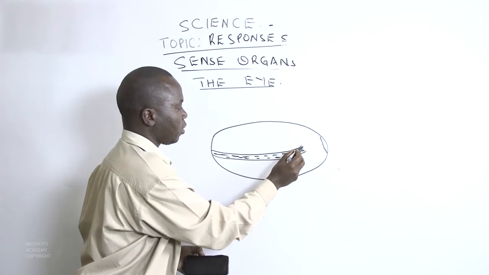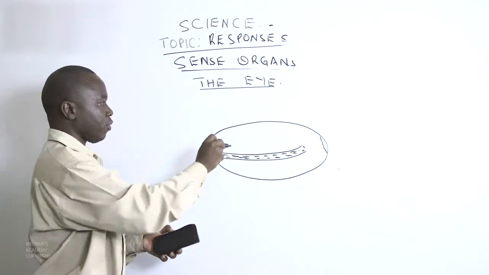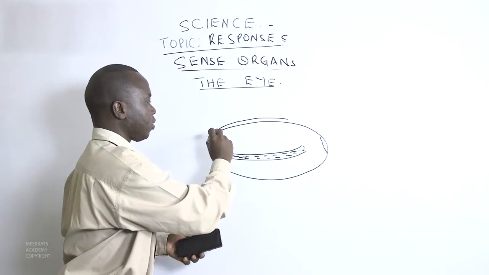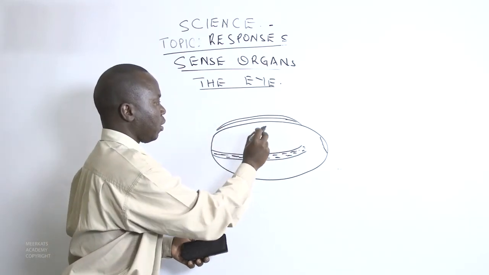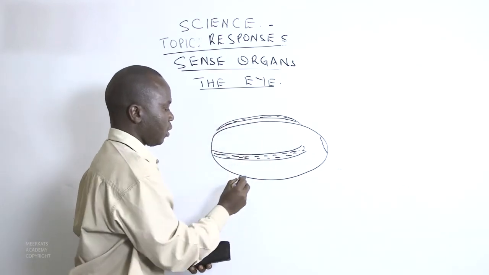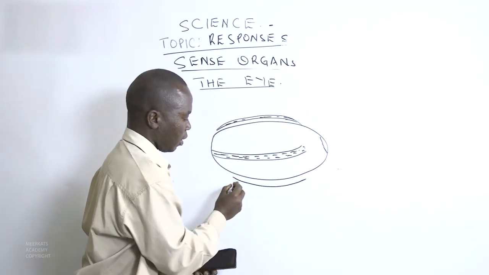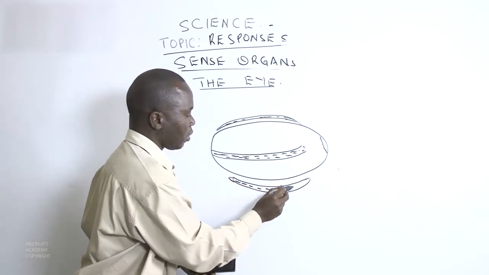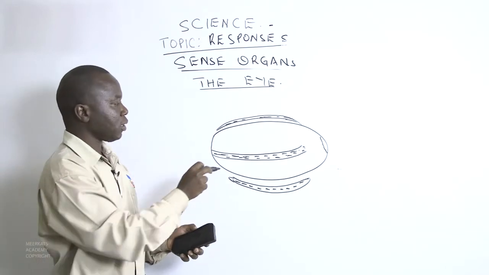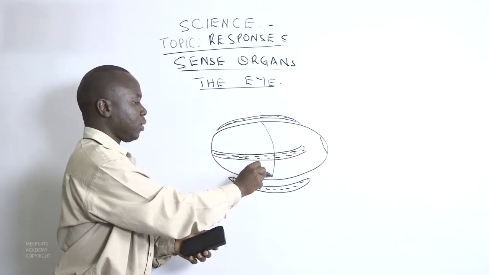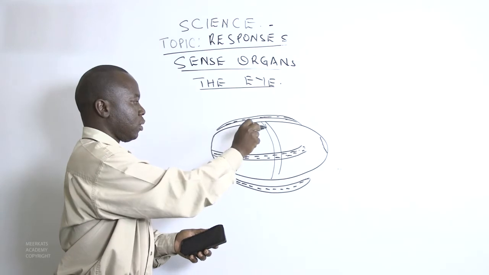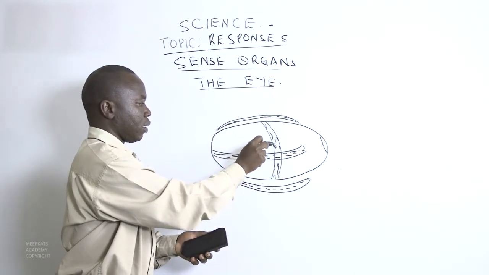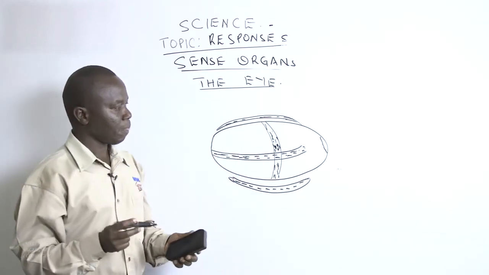We have those muscles on each side of the eye. We have some muscles on the upper and lower side of the eyeball, of course attached to the eye socket. And you also have some muscles going in a vertical way.